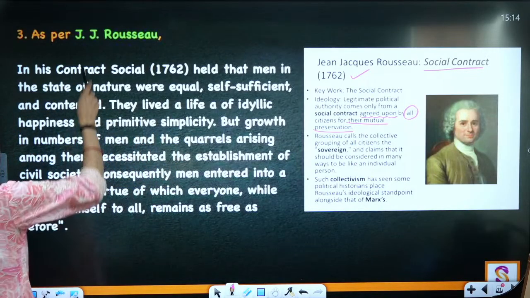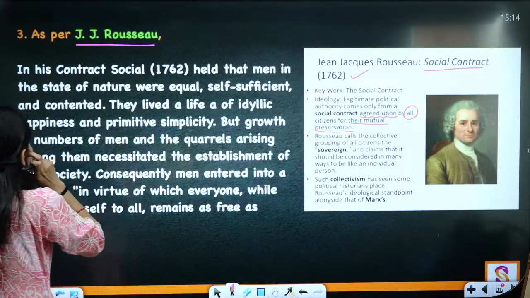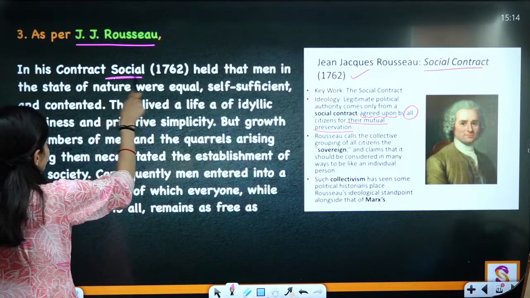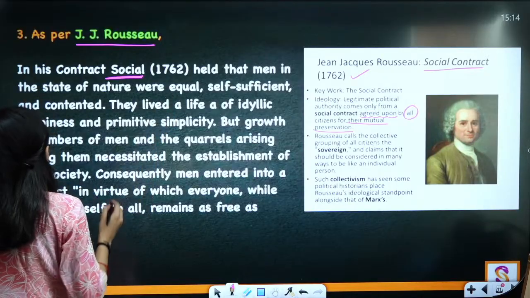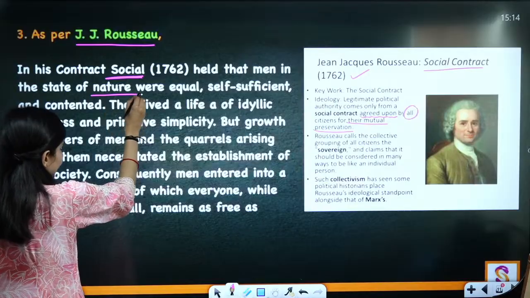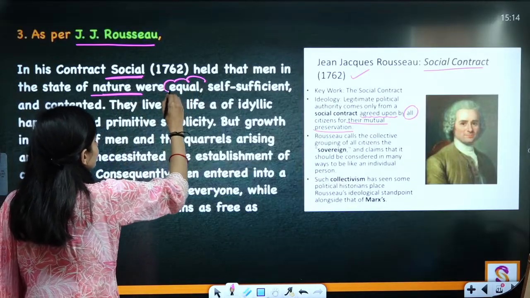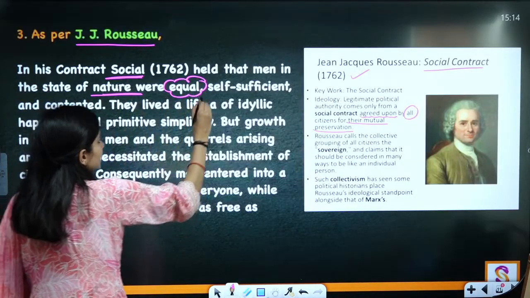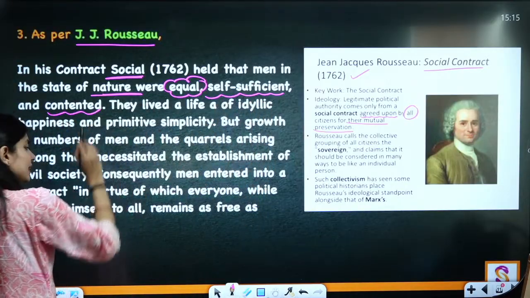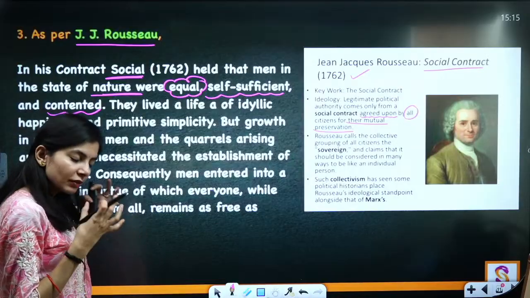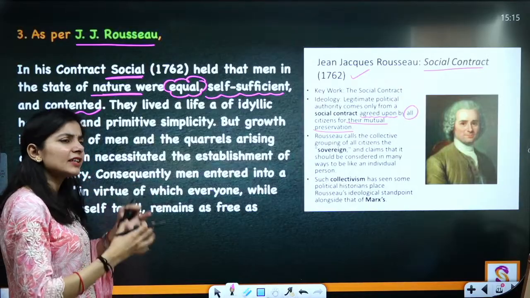So J.J. Rousseau specified that the social contract is nothing but specifying that men by nature were equal. By nature they were self-sufficient. By nature they were contented, meaning they want to live in the same way as they wanted to be.